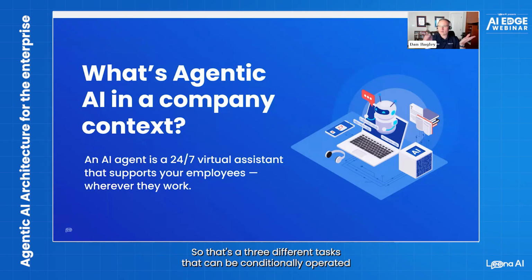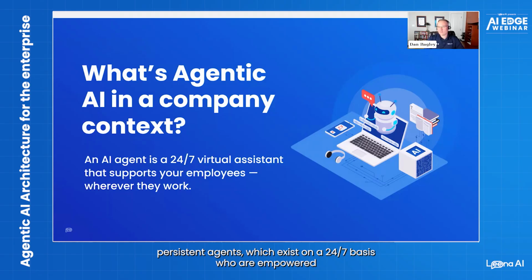So that's three different tasks that can be conditionally operated based on source information. So that's tier two agents. And we're seeing a lot of enterprises start with tier one agents and move into these tier two agentic architectures. Tier three agentic architectures are, of course, persistent agents, which exist on a 24/7 basis, who are empowered to take action for me in a proactive manner rather than a reactive manner.